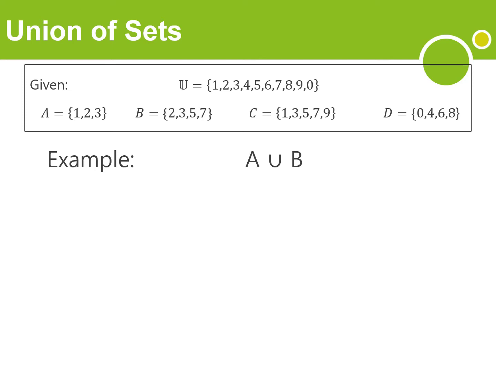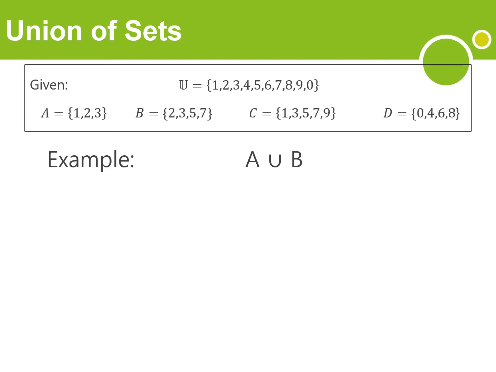Now, for example, you're given this sets to solve or to operate. A union B. So, you write here the symbol A union B. Then, list all the elements in A. Then, union all the elements in B. Then, A union B equals.